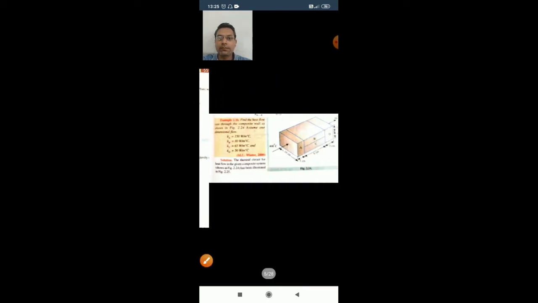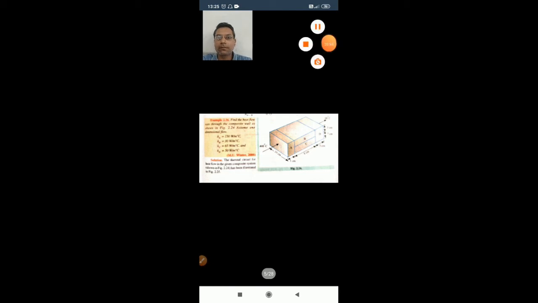Now moving towards the next numerical. So this is the third numerical, and now here various concepts will be used. As you can see the problem with its diagram.